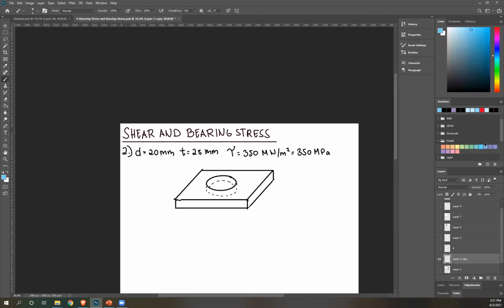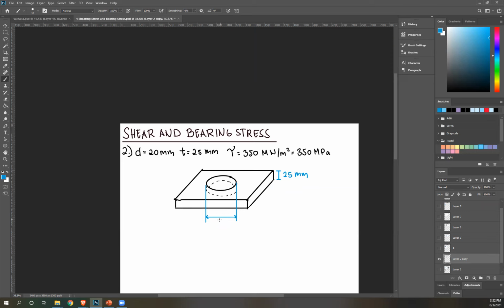Let's write the dimensions. This thickness is 25 millimeters, and then this diameter is 20 millimeters.